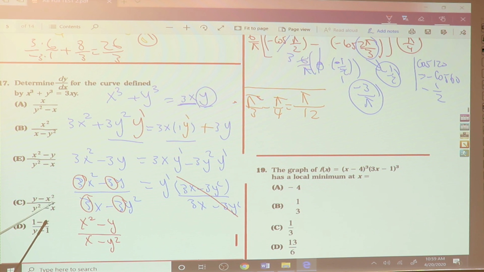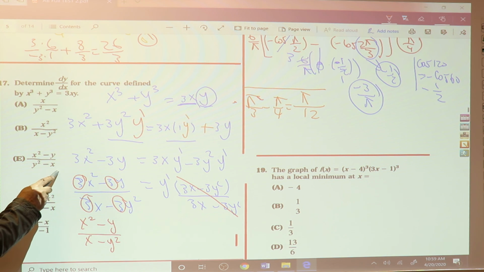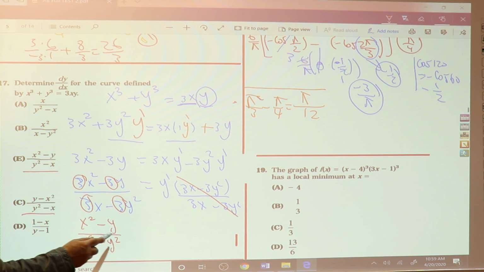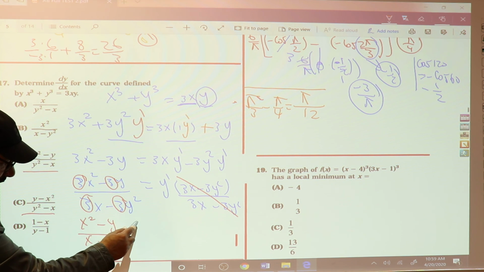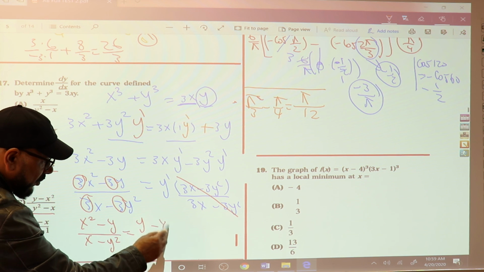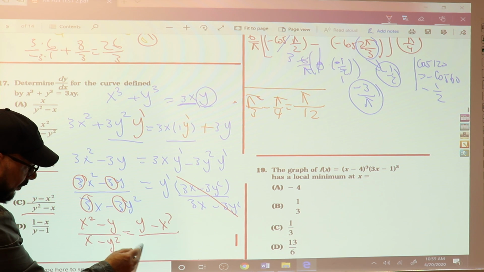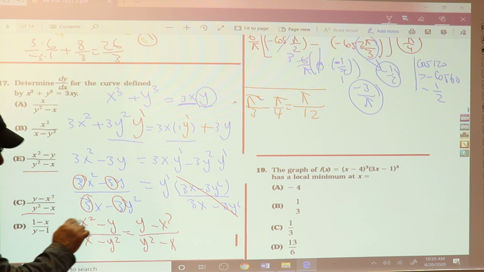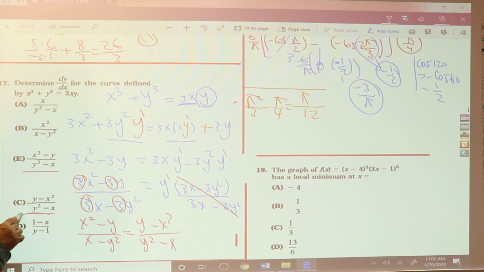And here we have y minus x squared and y squared minus x. You're going to get confused, right? Here you can flip the sign on top: y minus x squared over y squared, the same thing. If you flip the top, flip the bottom. Which one is my answer?